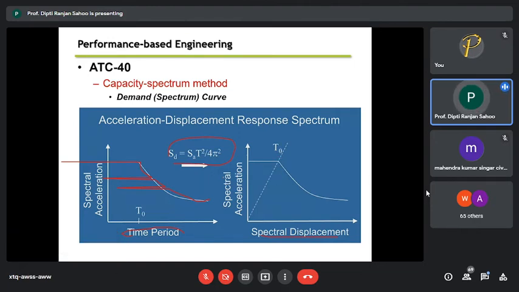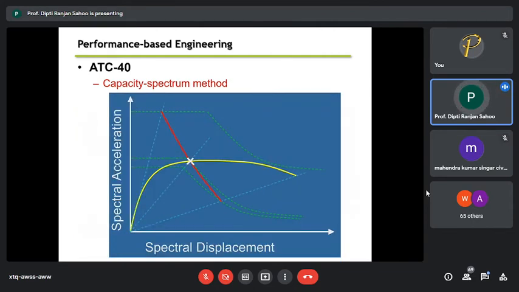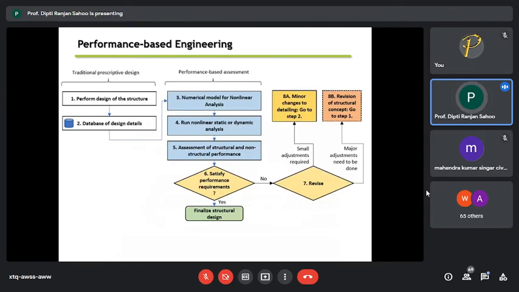Now your capacity curve is in this axis, and the demand curve is in this axis. Now simply you superimpose. When you superimpose, you have to make sure that the demand curve is consistent with your equivalent damping curve. And wherever it cuts, that gives you the performance point.